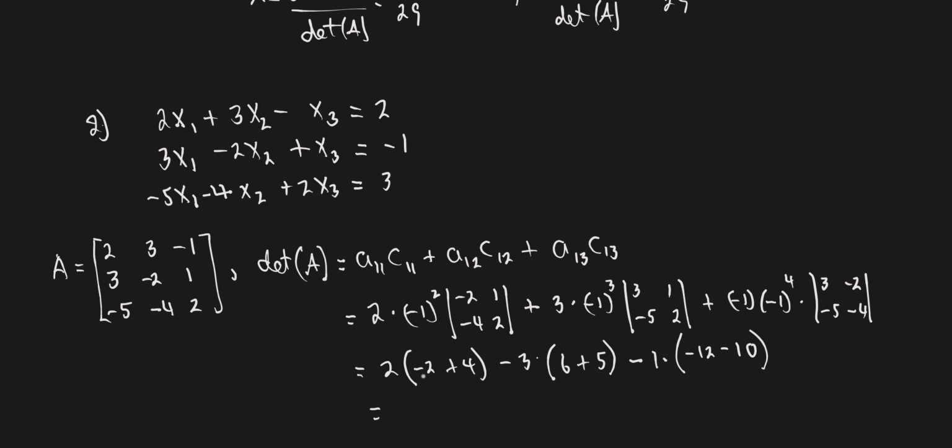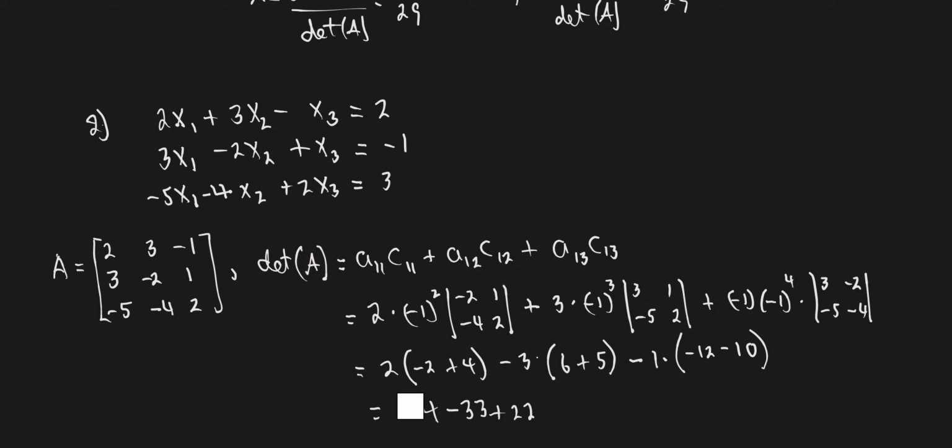So let's see, so this is 2 times 2, that's 4. 11 times -3, that's -33. And then we have a positive, what's that, 22? Yeah, so plus 22. So what do we have there?